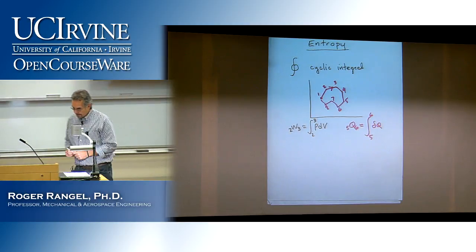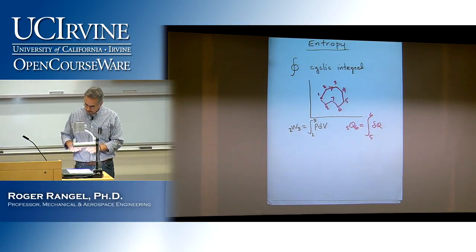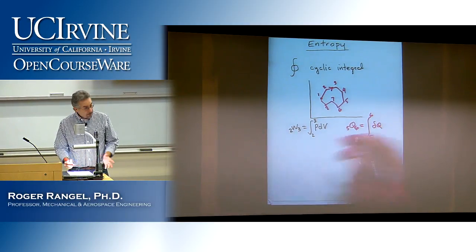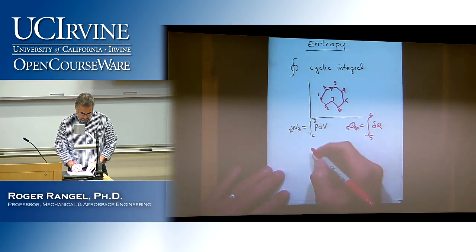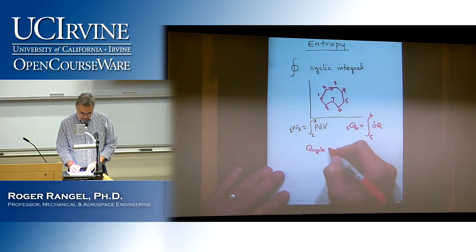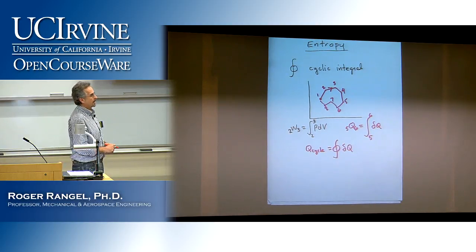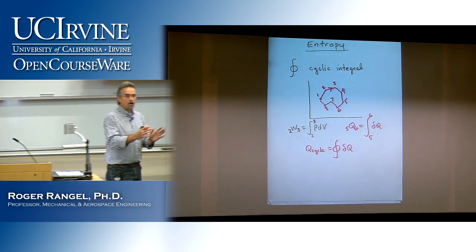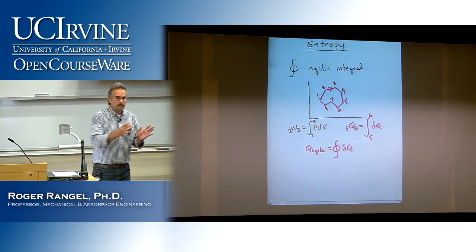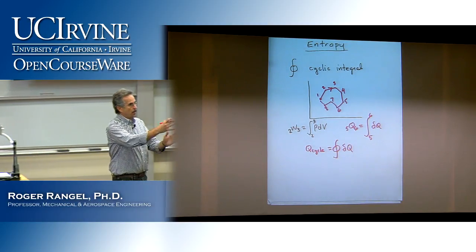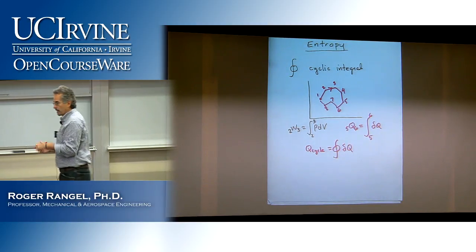But suppose that I am interested in calculating the integral for the entire cycle. So suppose that I am interested in finding, I will call it Q cycle, and I'll make it the integral for the cycle of delta Q. Suppose that I want to calculate that. That means I really want to find all of the heat transfer amounts for all of the individual sub-processes until I complete the cycle.